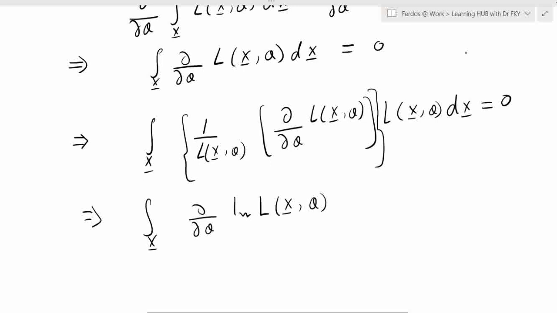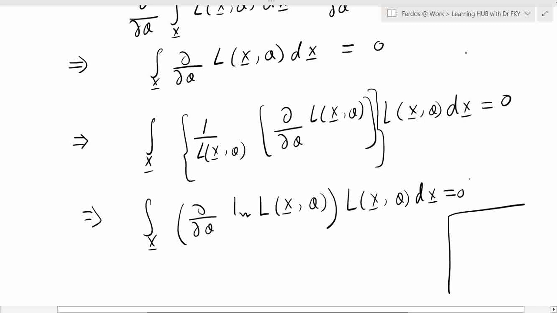I will explain this. Now you can see like this, and this is theta dx equal to 0. I will write on the side to explain how. You can say log L theta.